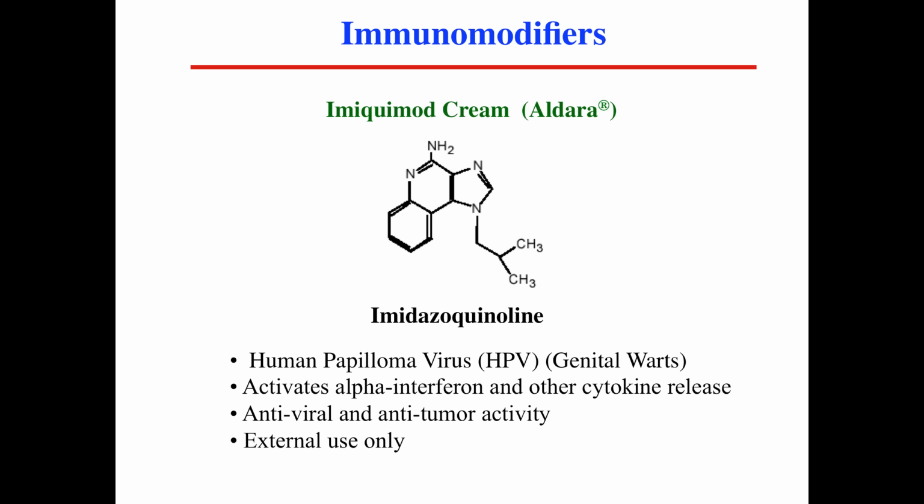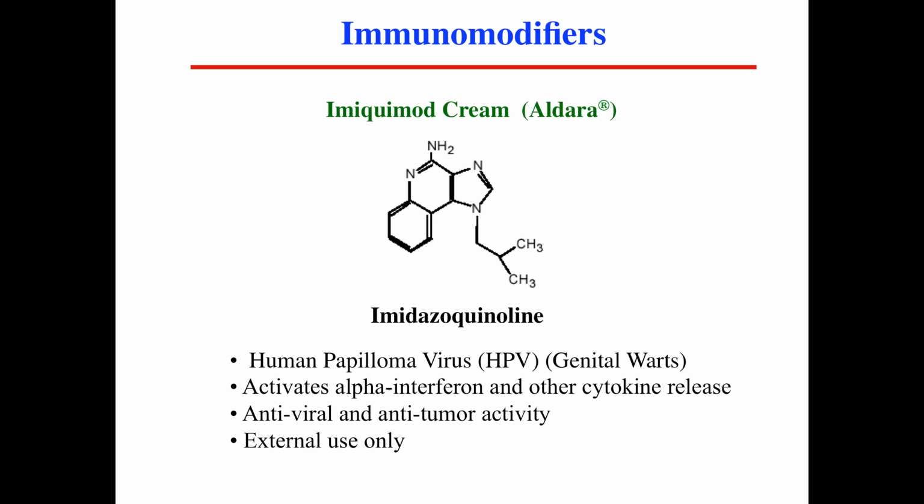This is imiquimod, or Aldara, which was originally developed by 3M Pharmaceuticals. And this is approved, and you notice its main function is it recognizes, it's similar to, maybe it looks a little bit like a nucleic acid.